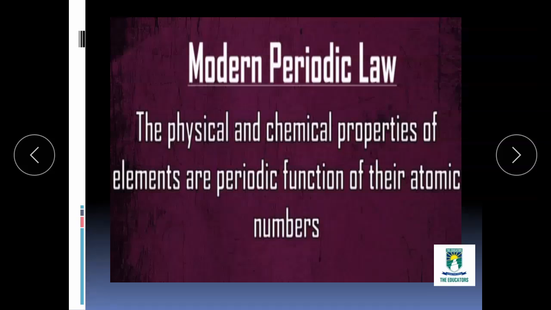Mendeleev arranged the elements according to their atomic masses, whereas Moseley came and arranged the elements according to their atomic number, and he presented the modern periodic law which states that the physical and chemical properties of elements are a periodic function of their atomic number. So we can say that the periodic table we have nowadays consists of elements arranged according to their atomic number, not the atomic mass.